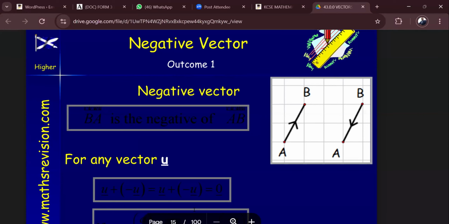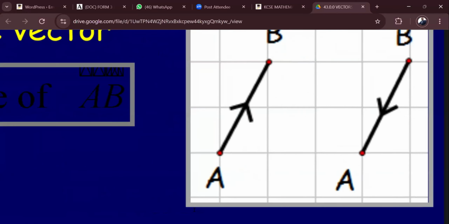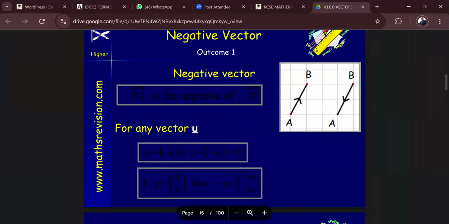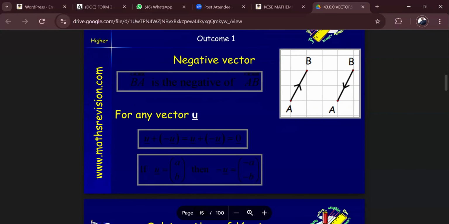So for a vector, if you multiply it by a negative, the direction is supposed to change. The opposite of the original direction is what gives a negative. So if you add A plus negative A, of course you will get a 0 vector.